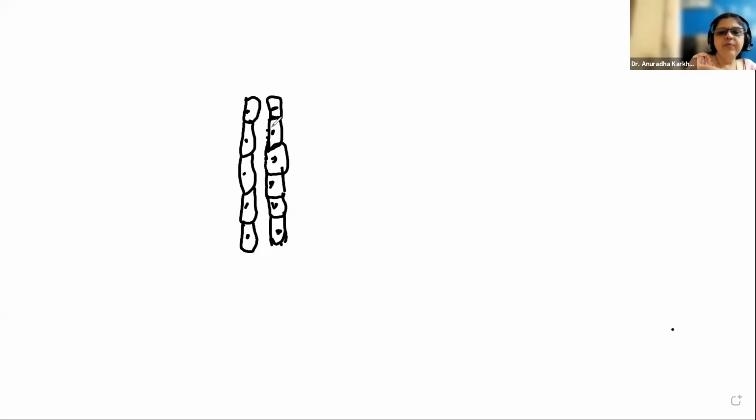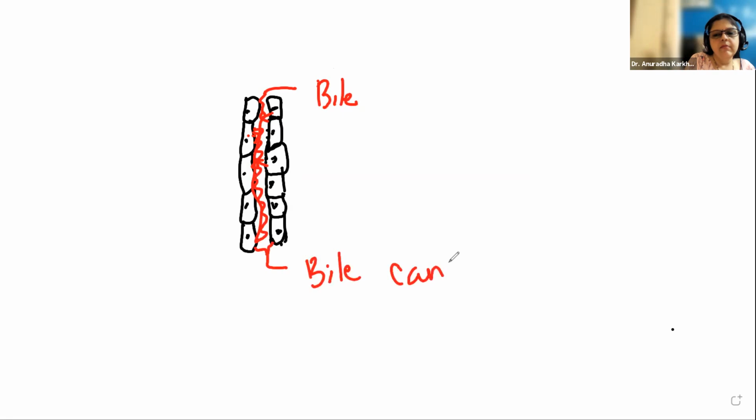Now whatever secretions they make will be poured into these pores, these gaps. So here their secretion will come, which is nothing but the bile. And this area here would be called bile canaliculi. It was not clearly visible in the diagram, so I am trying to show you with the pen. Is it okay now? Understood how it is?